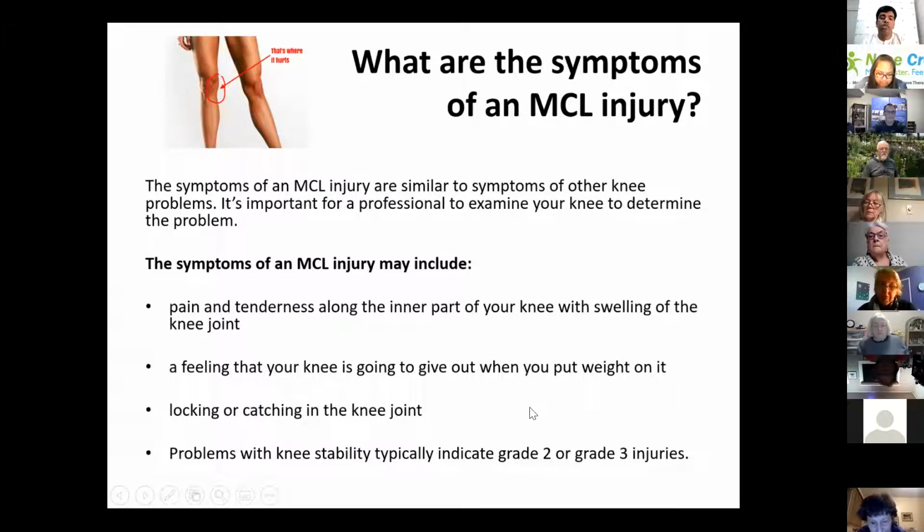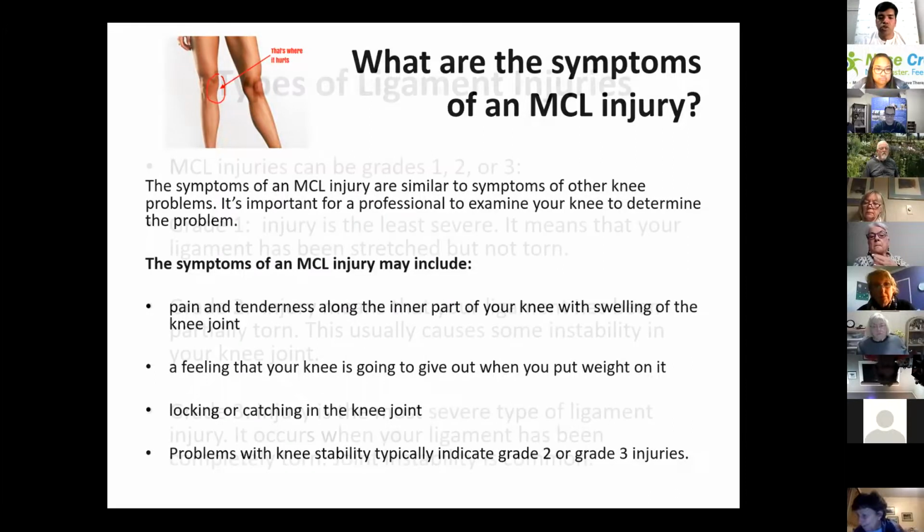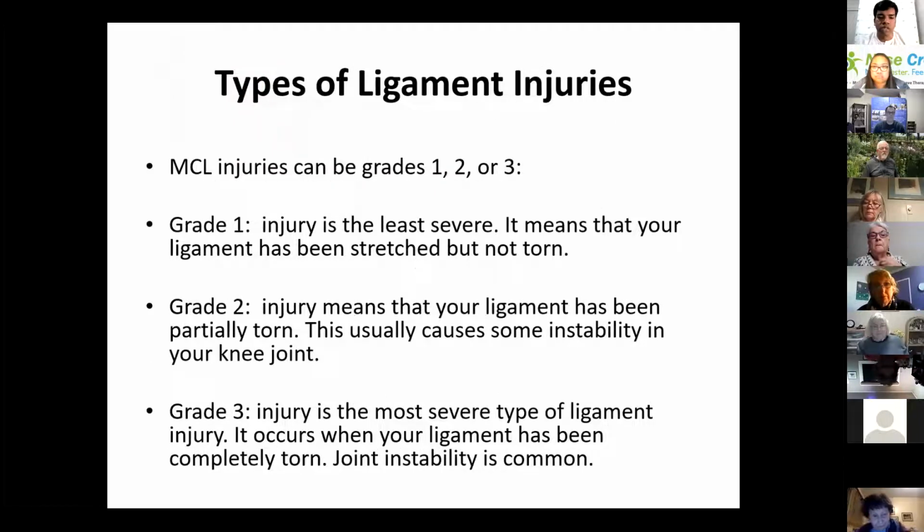And you will see locking and catching of the knee, especially when you are trying to walk and do stairs. Instability mainly happens with grade 2 or 3, so we need to know which grade the damage is, and it's good to know the types of grades.